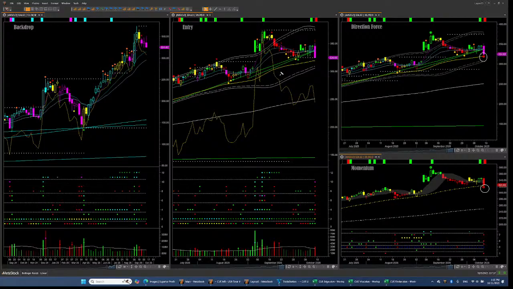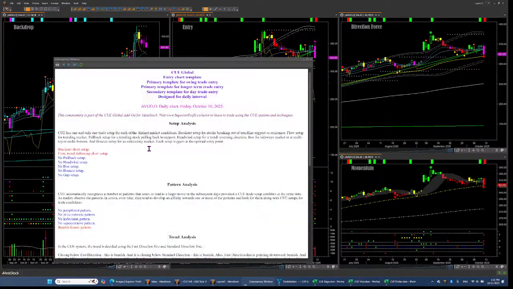What setup is it giving? Let's look at the commentary on the entry chart. It has two possible bearish setups. They are both confirmed using weekly daily unambiguous checklist. One is a breakdown short setup, one is a trend following flow short setup.